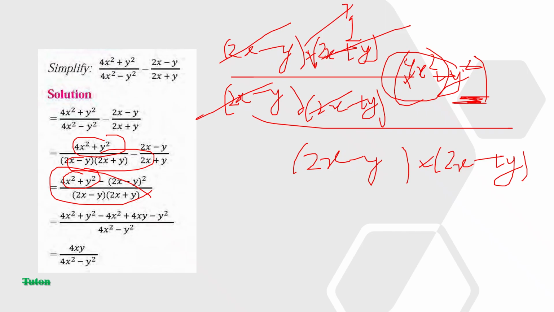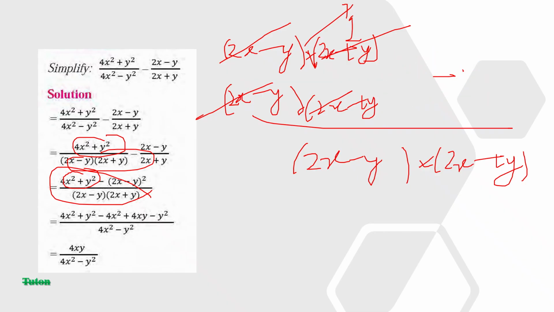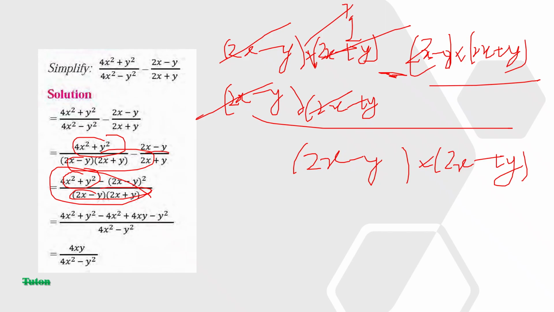Now for the second part, we have a negative sign here. For the second part, we will first divide 2x minus y multiplied by 2x plus y by this term, 2x plus y.